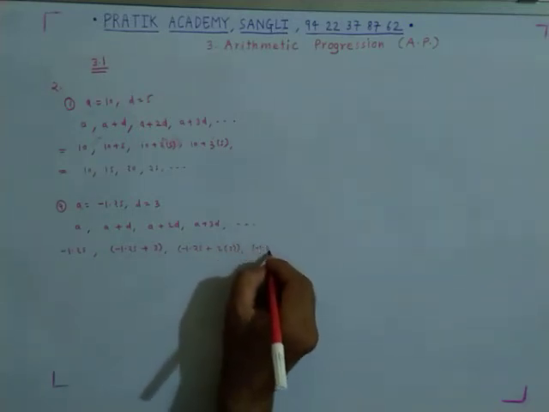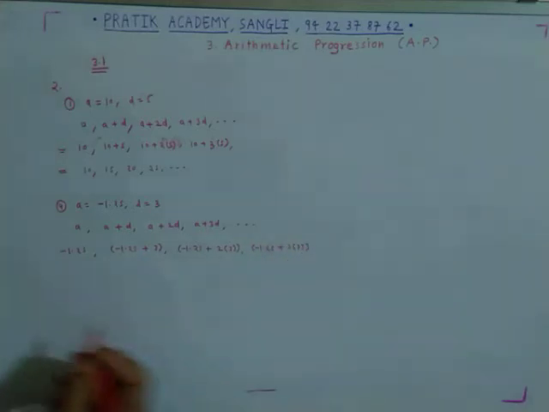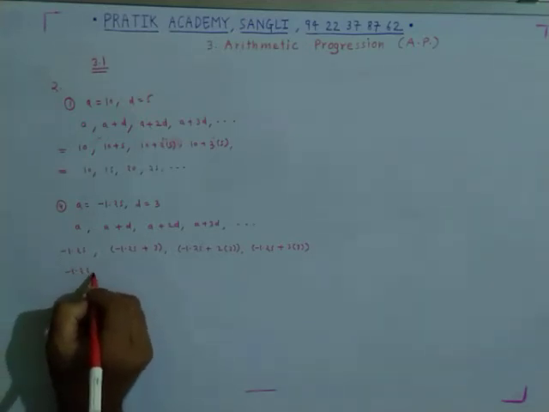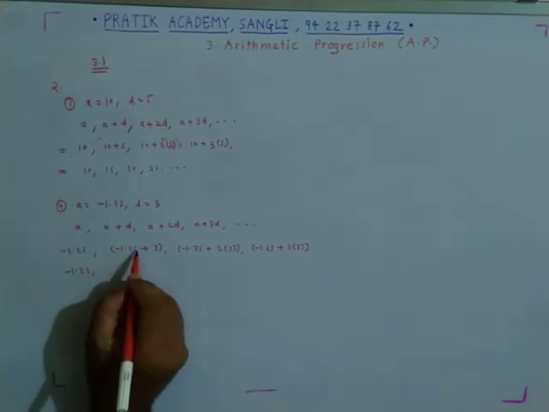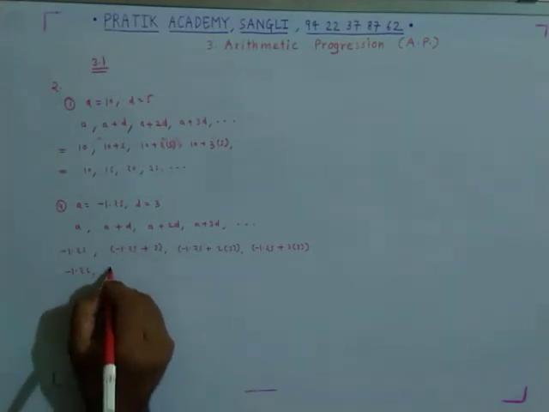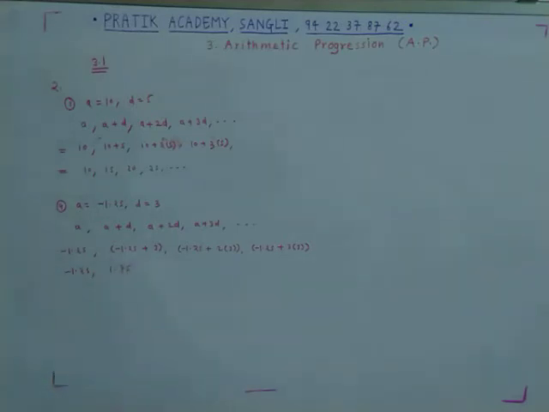Next term is minus 1.25 plus 3 times the common difference. Okay, so first term as it is minus 1.25, next term minus 1.25 plus 3, so this is coming 1.75. Let's check our calculation.